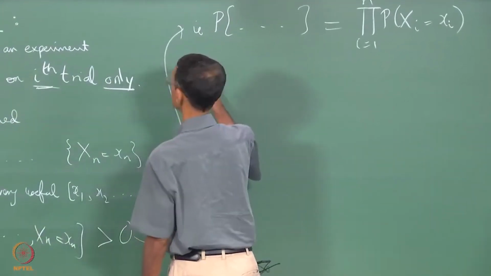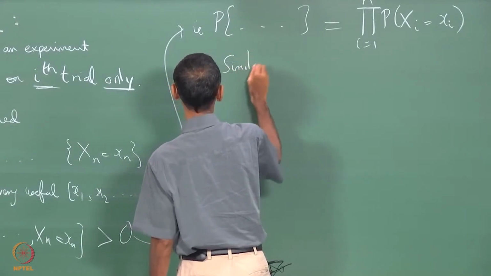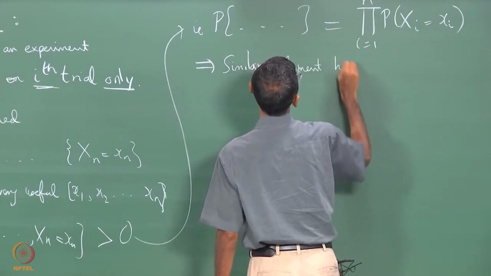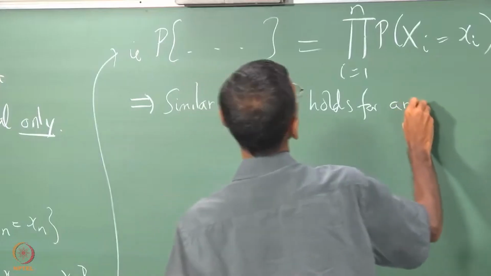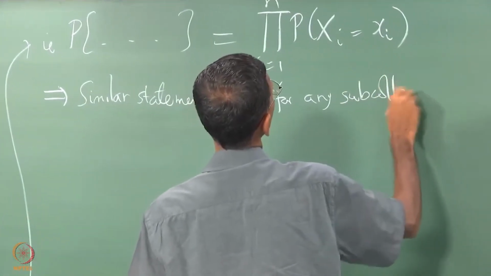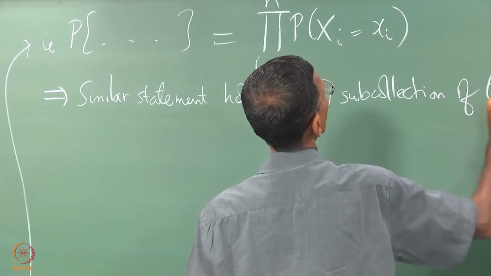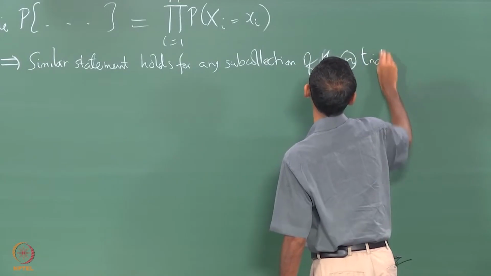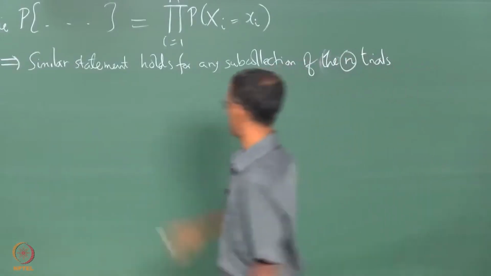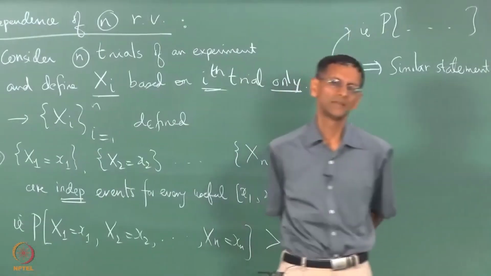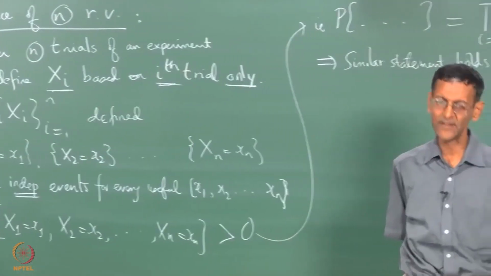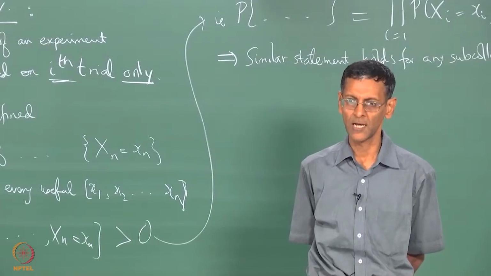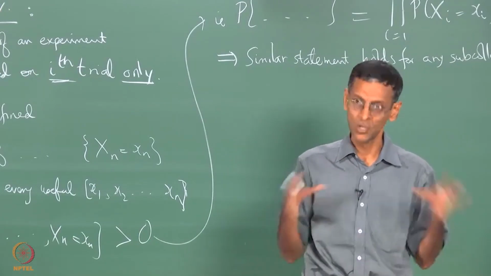So a similar or equivalent statement holds for any subcollection of the n trials. So all of this follows just from the n independent trials, right? If you have n independent trials, you can always disregard some or as many of them as you want to disregard. You can focus your attention only on what you want to look at.